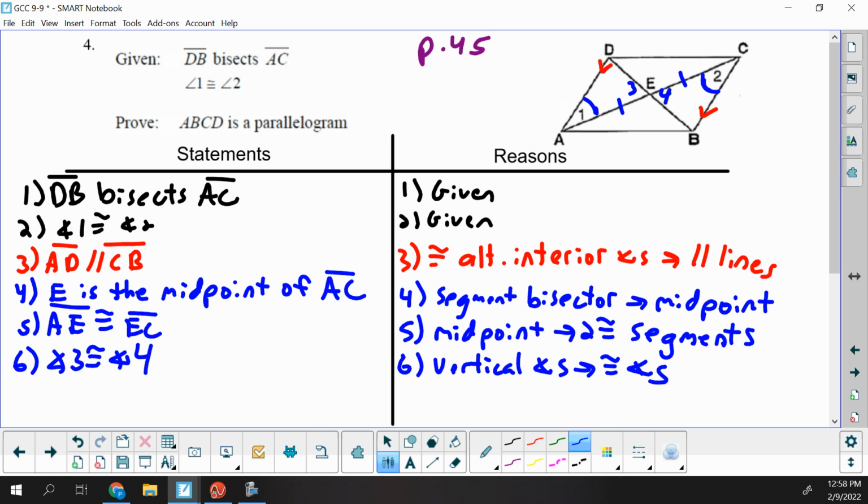Now notice I didn't mark them up yet, because you don't want to mark them up until you've said they're congruent in your proof. We've said they're congruent in the proof, so now I'm going to mark them up. Well, now our triangles are congruent because we have two angles and the side in between. So we can have angle side angle congruent to angle side angle.